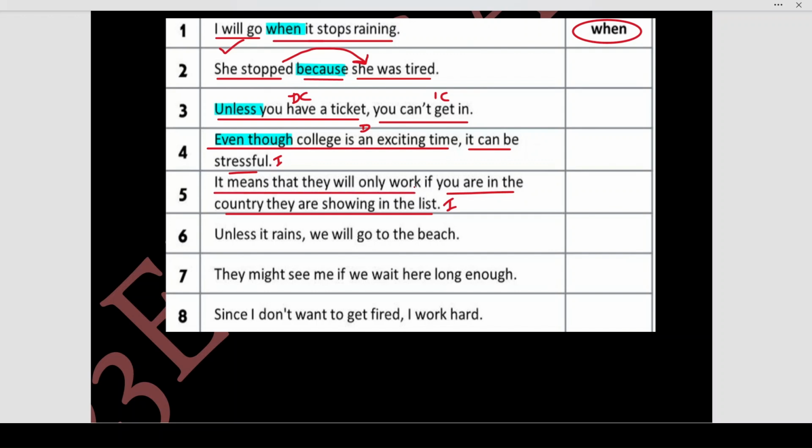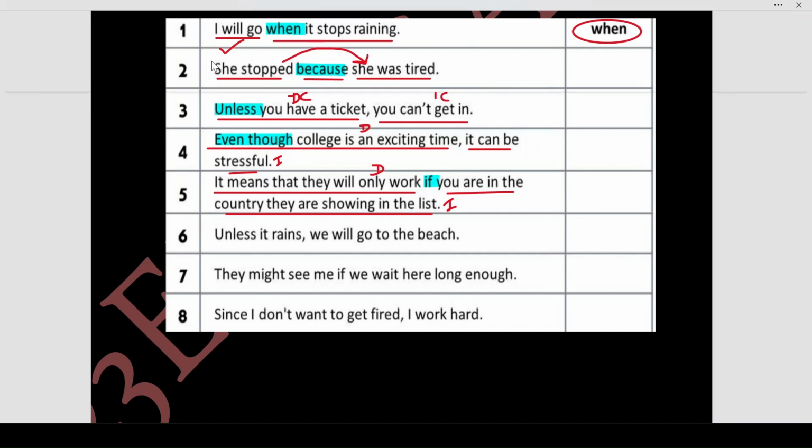Does it make any sense? No. So, it means that they will only work is your dependent clause. And what does it depend on to make a meaningful sentence? It depends on the subordinating conjunction: if.